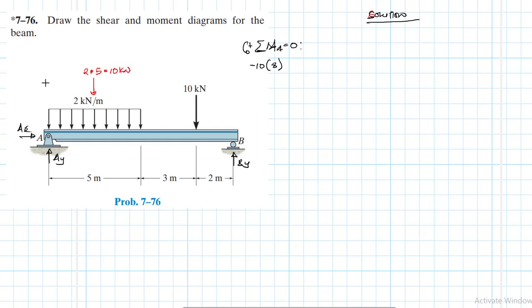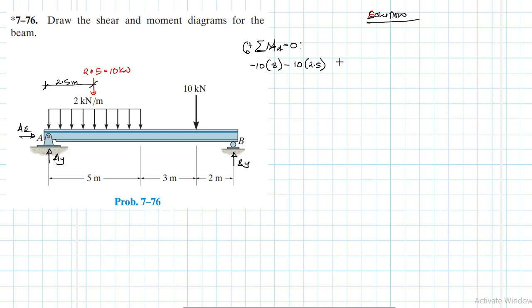And this load is positioned at 2.5 meters from A, right? Great. So we also have another negative moment, which is 10 times 2.5.